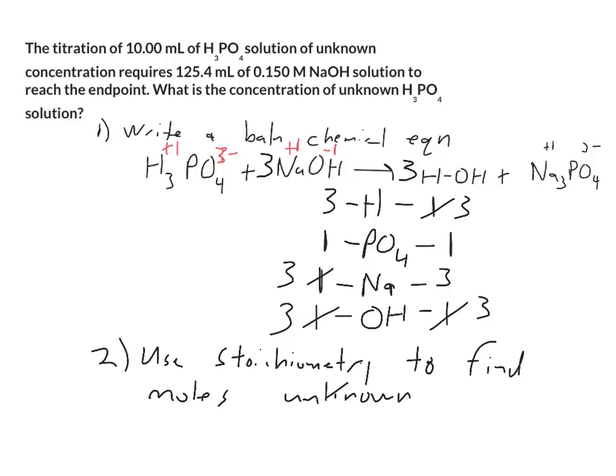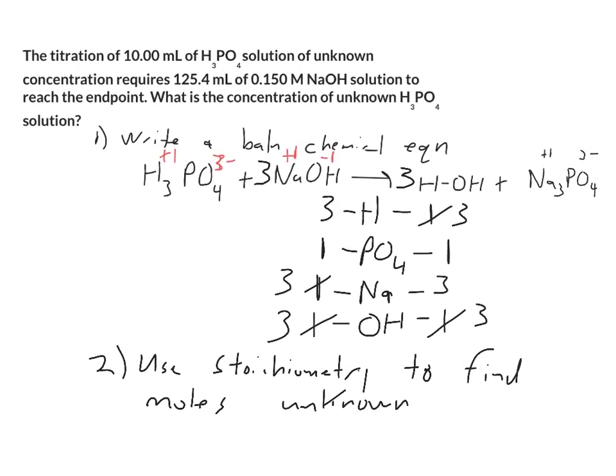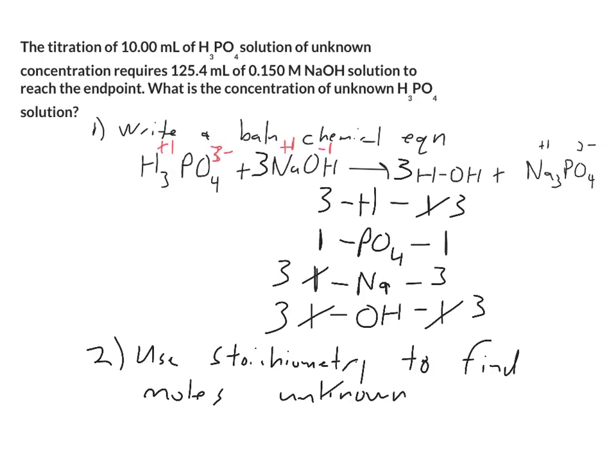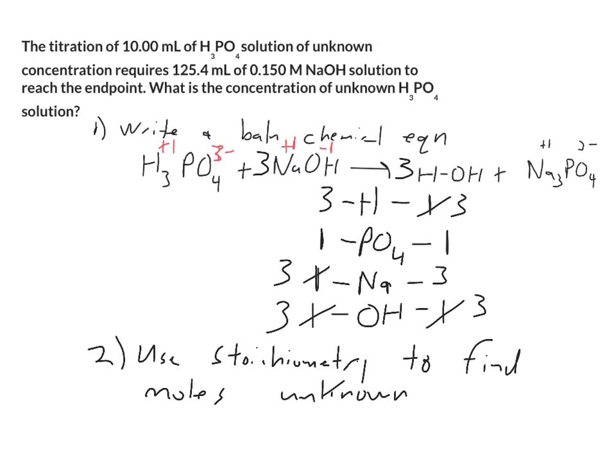So our unknown is the concentration of phosphoric acid. But what we do know is we have 125.4 milliliters of 0.150 molar sodium hydroxide. So we do know that.